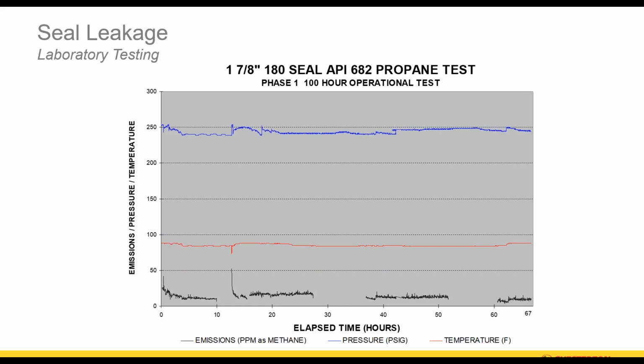The black squiggly lines at the bottom are the actual emissions coming across those seal faces, measured in ppm. You can see that in this case, the seal was leaking approximately 20-25 parts per million, methane equivalent being the detection method. So there is a very minute amount of leakage coming across those faces, something you cannot see, but it's there.